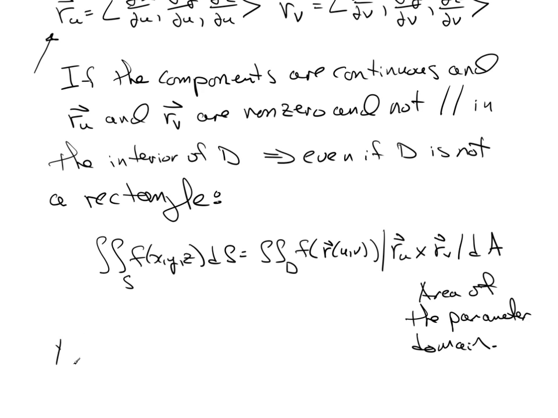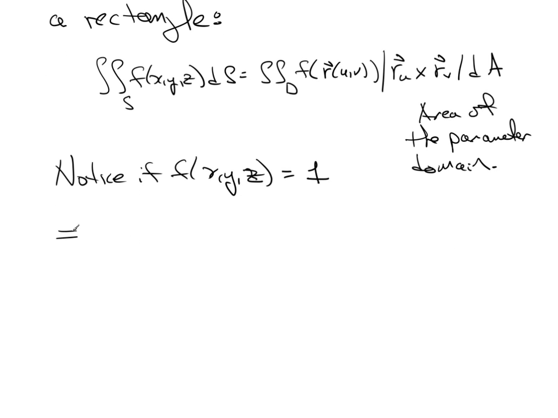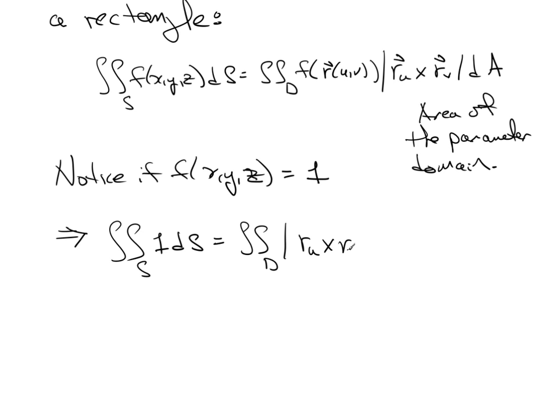Notice here, if f(x, y, z) happens to be equal to 1, then what that gives us is the double integral over the surface of 1 dS, which is equal to the double integral over the domain of the magnitude of the cross product of the partials of r with respect to u and v, dA, which is the definition of the area of that surface. This is how we found the area of the surface.